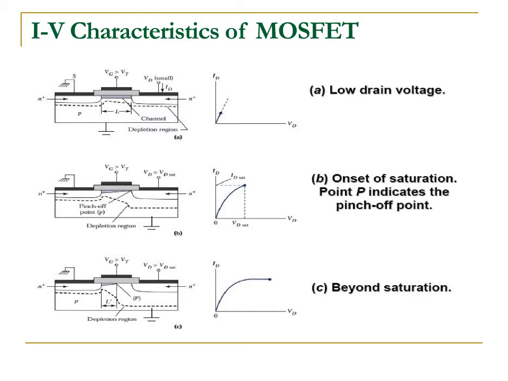Simultaneously, we can also see in the schematic what is happening to the length. In the initial case, the length L is there, where it is a low drain voltage. But when it hits pinch off, the value of L varies and it really comes down. And when we talk about beyond saturation, the value of L drastically comes off.